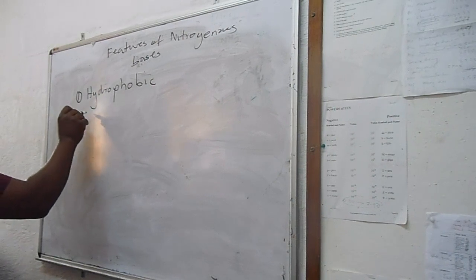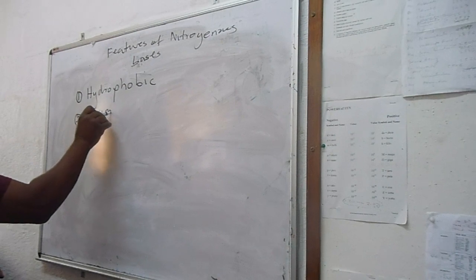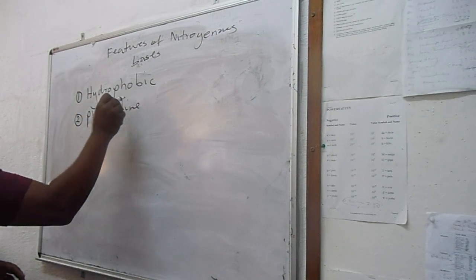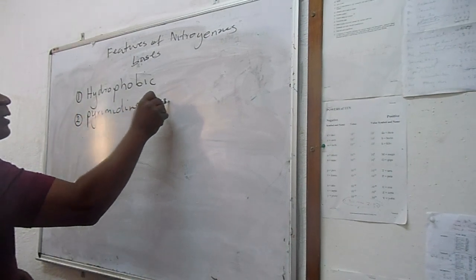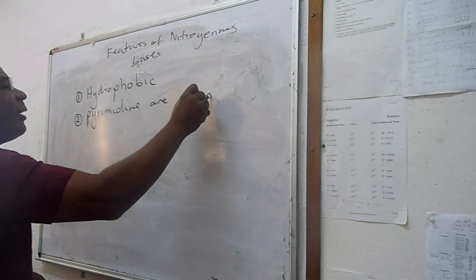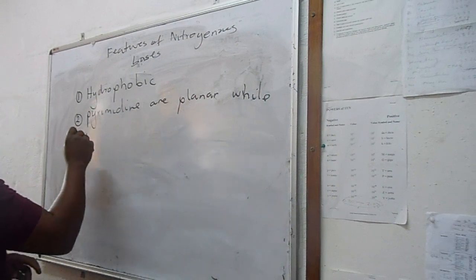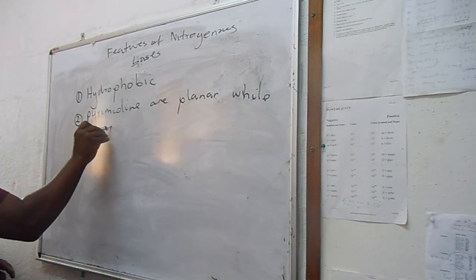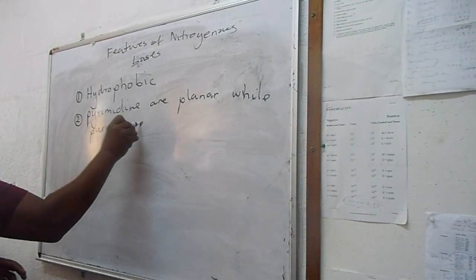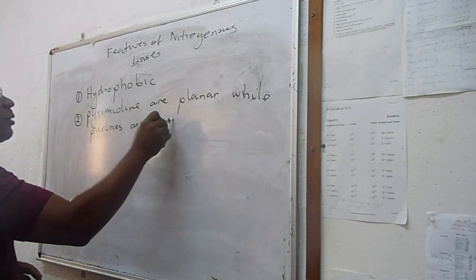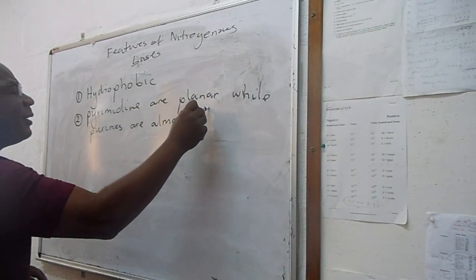Secondly, the pyrimidines are planar, while the purines are almost planar. They are not fully planar, but almost planar.